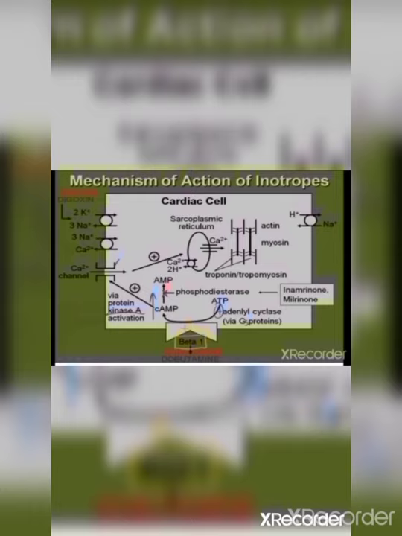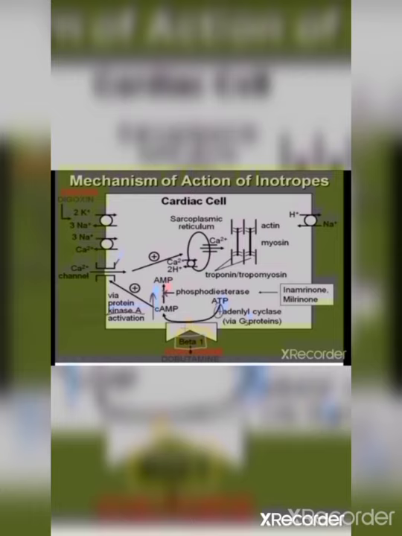Increased levels of calcium are directly proportional to cardiac myocyte contraction. So that's how these agents promote their inotropic effect and increase the force of contraction of the heart.